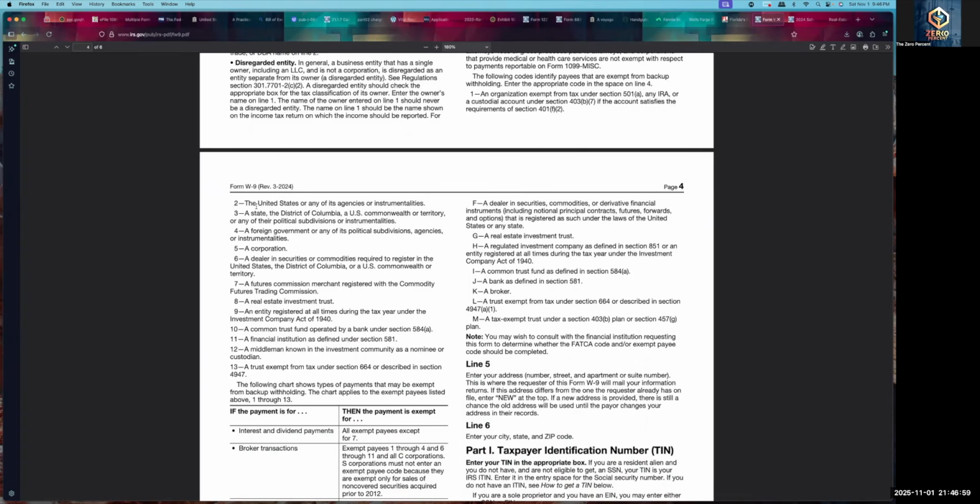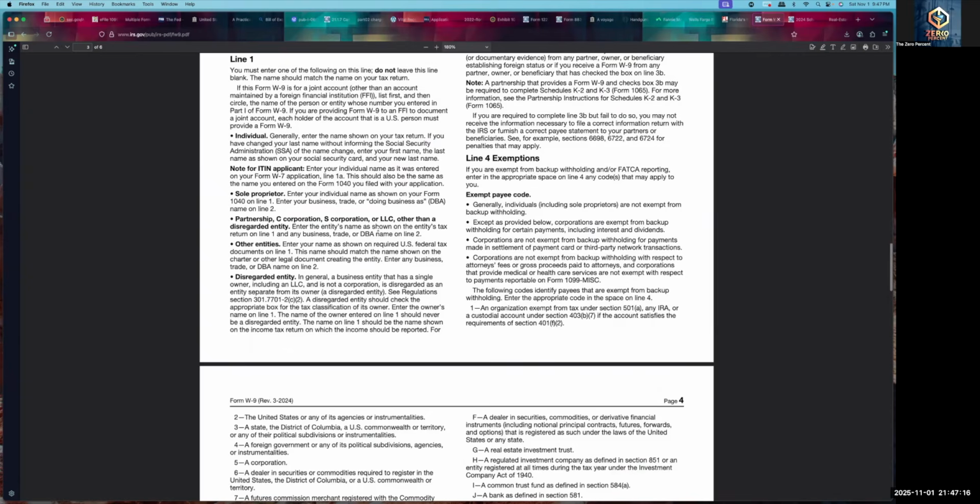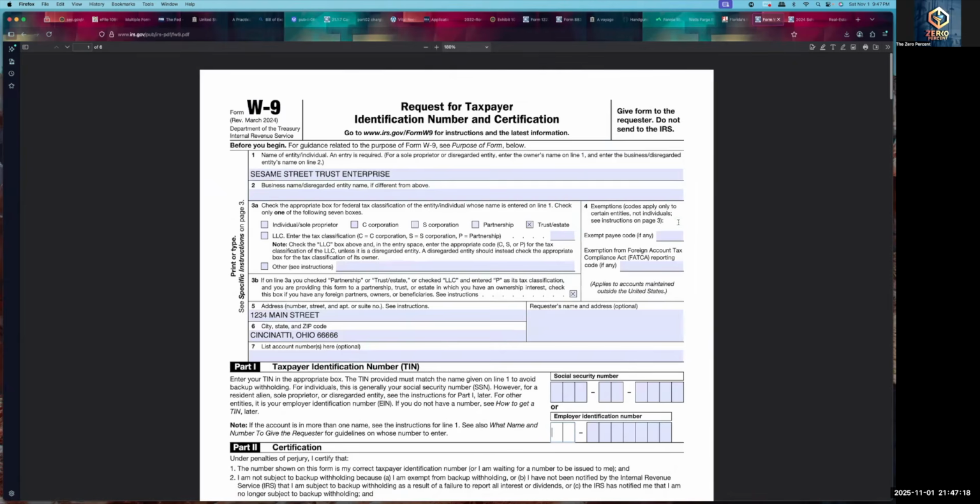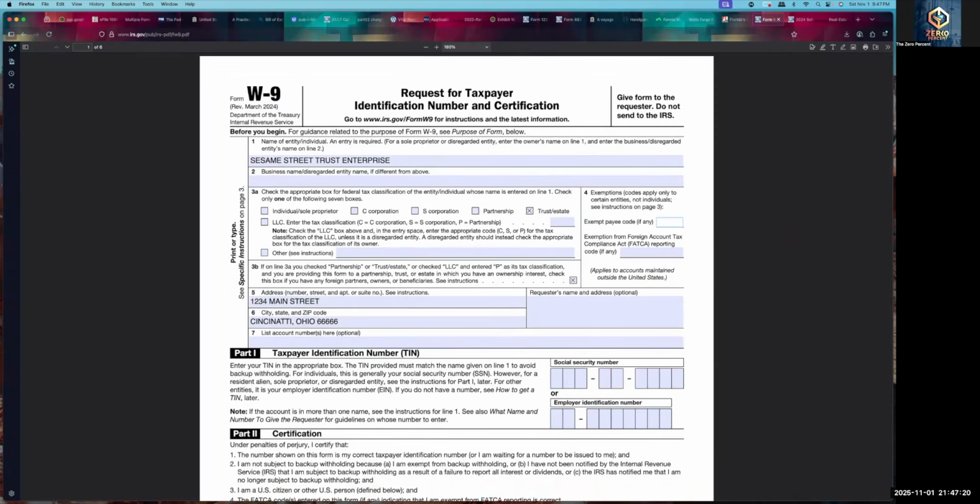So you have 3 parties here, and you are in the middle. So the answer is 12. A middleman known in the investment community as a nominee or custodian. Okay, so we go back up and we enter in line 4, the number 12.